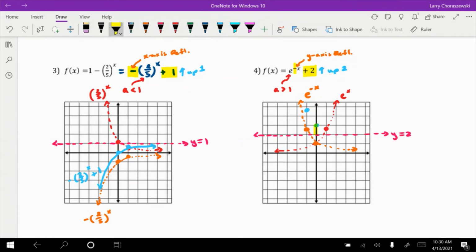And a way to remember that is the 1 unit gap between the y-intercept and the horizontal asymptote. And we'll draw the same shape as e to the negative x, just shifted up by 2 units. All right, is that what you got? Sweet. All right. Any questions so far?